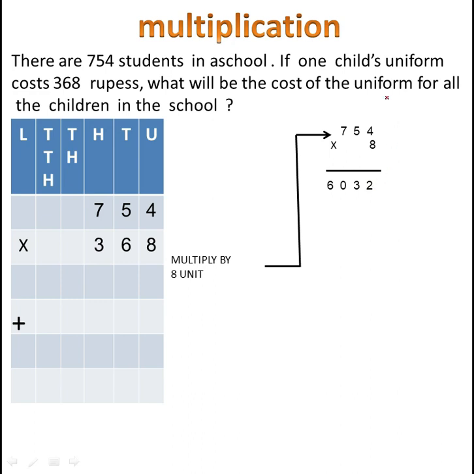I write 2 here and 3 carried forward. 8 into 5 is equal to 40. 40 plus 3, 43. I write 3 here and 4 carried forward. 8 into 7 is equal to 56 plus 4 is equal to 60. I will get this value, 6032. I write this value in this place.